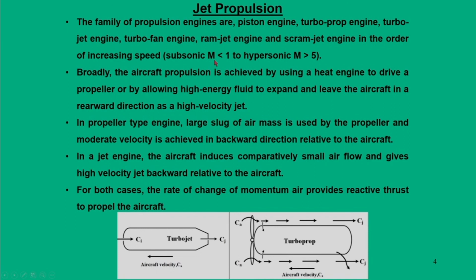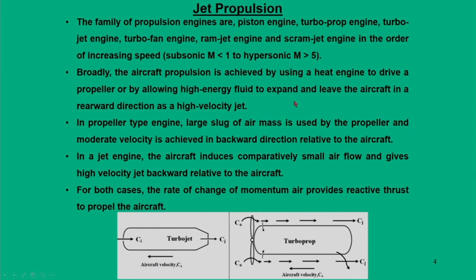For example, for subsonic aircraft we can use turboprop or turbojet engines, but if you want to go supersonic, then you have to use ramjet engines, which operate on a different concept, and further, if you want to travel at hypersonic speeds, then we have to use scramjet engines.